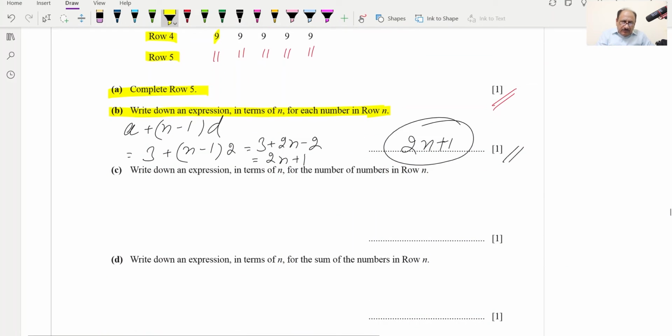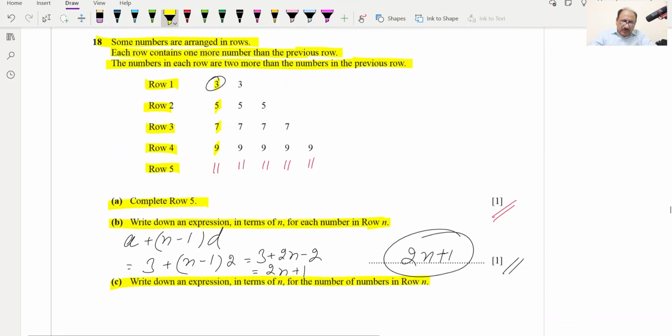And C part, write down an expression in terms of n for the number of numbers in row n. So number of numbers in row n will be what? See, the first row is having 2 numbers, the second row is having 3 numbers, and if the row number is 3, it is having 4 numbers, 1, 2, 3, 4.